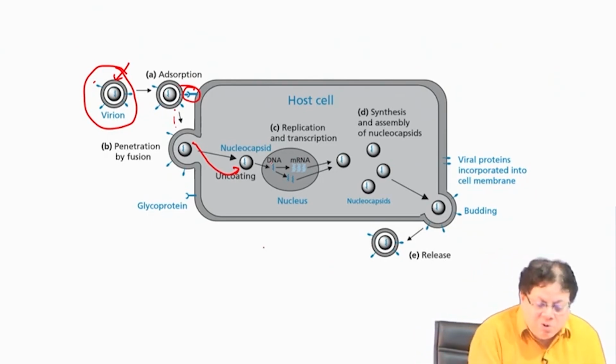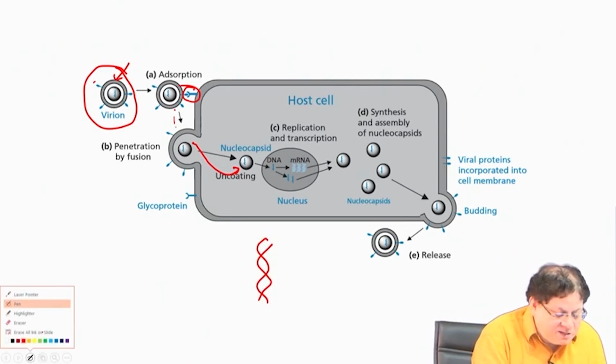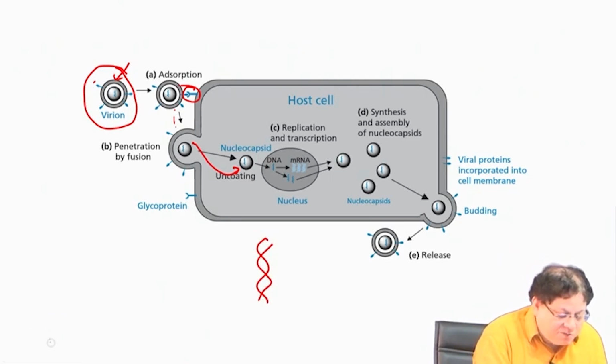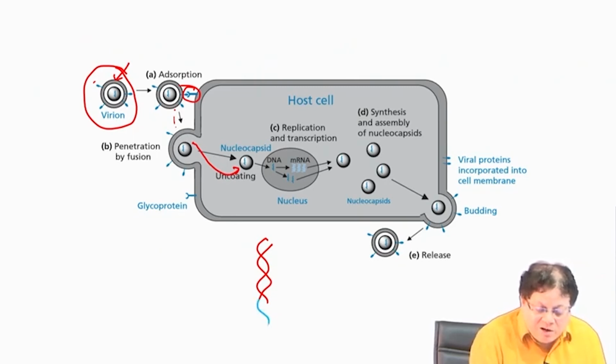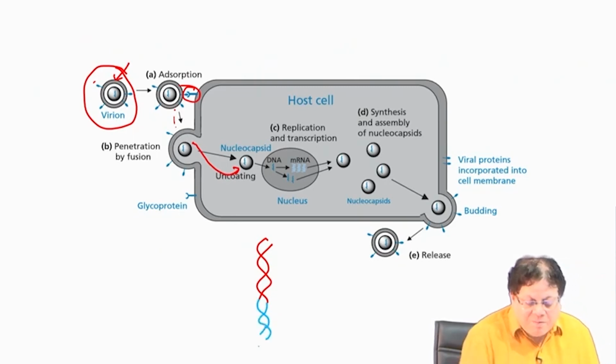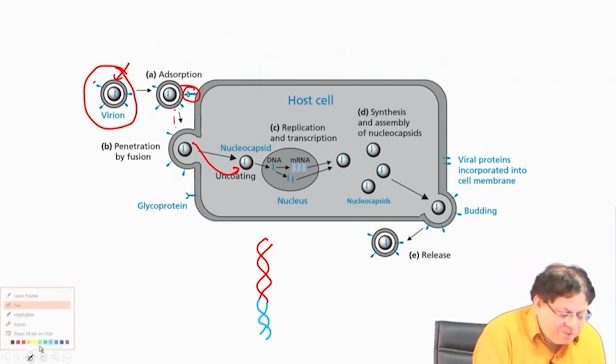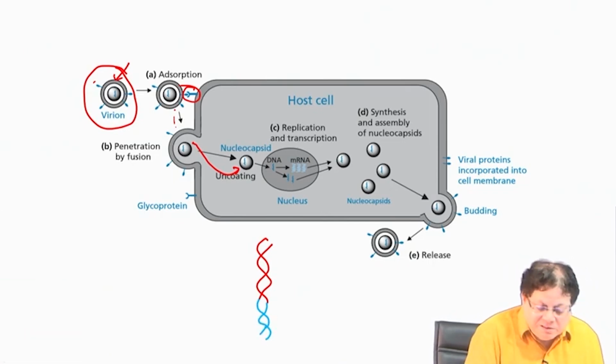That means the host has DNA like this, and if the virus has a DNA which is blue color, suppose, then the virus integrates the viral DNA into the DNA strand.